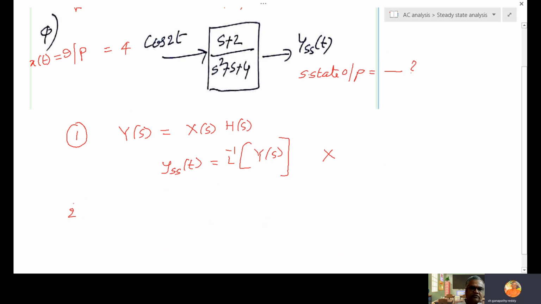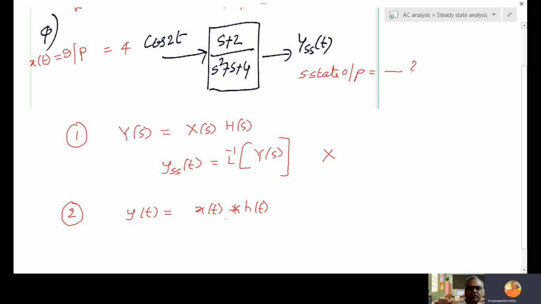The second method is using convolution. Y of t is nothing but x of t convolved with h of t. h of t is the impulse response, and x of t is the input.